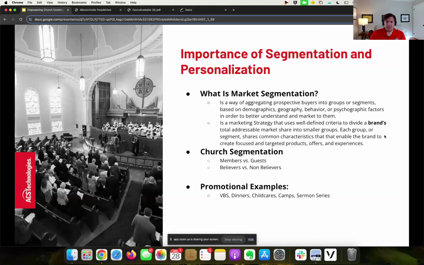We have child cares like Mother's Morning Out. We have youth camps, sermon series. I could name 1,000 different things that you guys do as churches that you communicate out to people. And by segmenting your audience based on demographics, interests, things like that, you guys, through segmentation, through personalization, can deliver messages that resonate with the specific groups within your congregation.